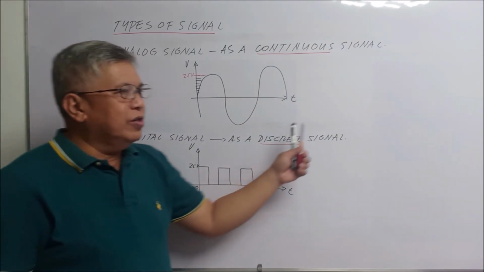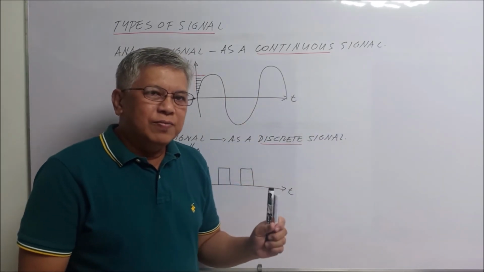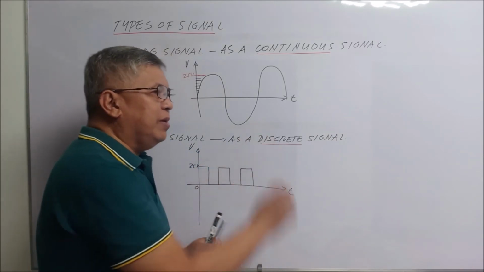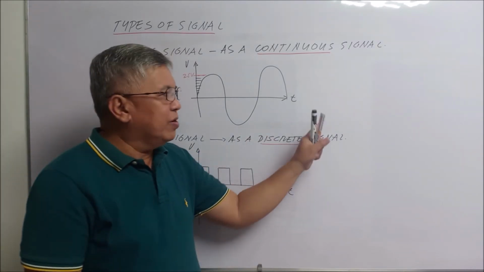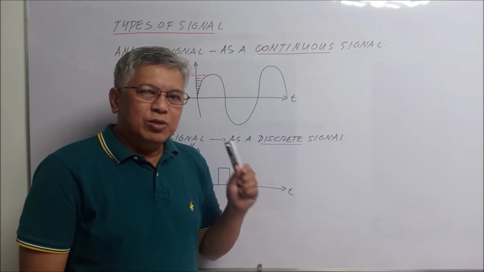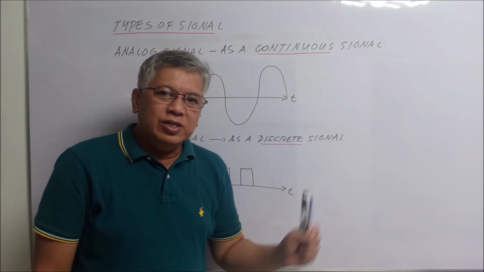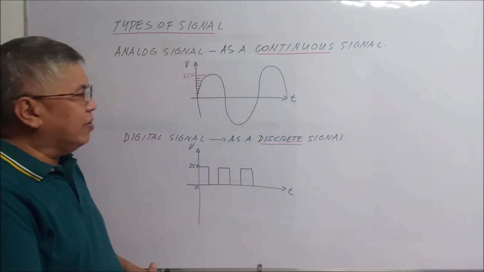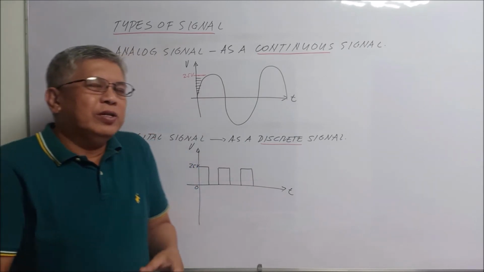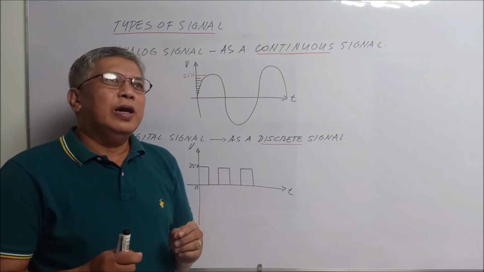Whereas in your digital clock, you can easily determine the exact time because the time is already specified in the digital clock.